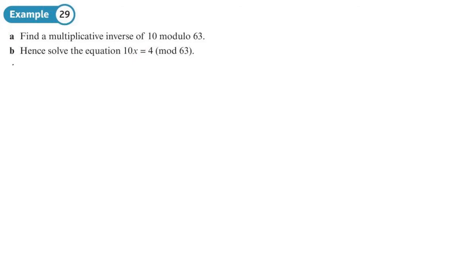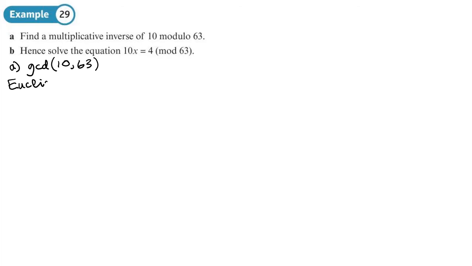Now, first of all, we need to find the greatest common divisor of 10 and 63, but we've got to use the Euclidean algorithm to do that, so that we can work backwards, so that we can write hopefully 1 equal to some multiples of 10 and 63 using Bezout's identity. We've got to work backwards, so we need to use the Euclidean algorithm first.